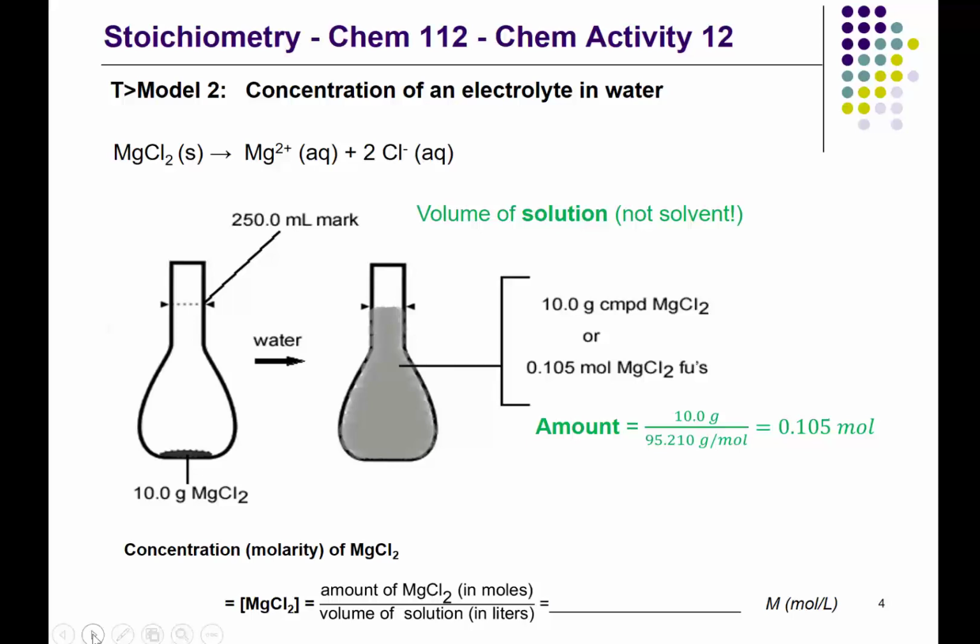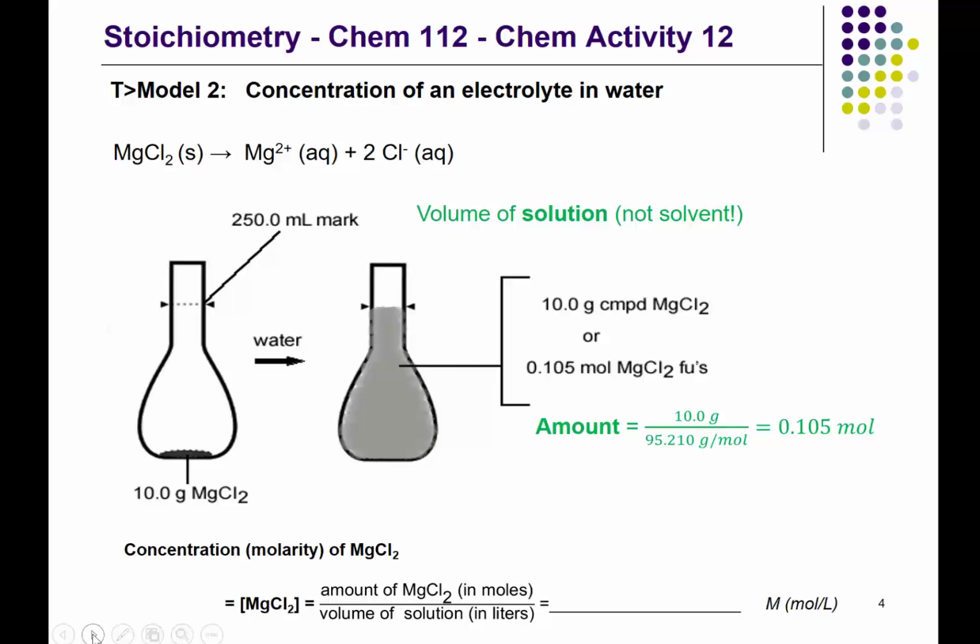And we end up, of course, with 0.105 moles to 3 significant figures. So that's the amount. Note that we say magnesium chloride formula units. That's what FU's stands for, because technically these are not molecules. You could just say units, or you could just say 0.105 moles of magnesium chloride.